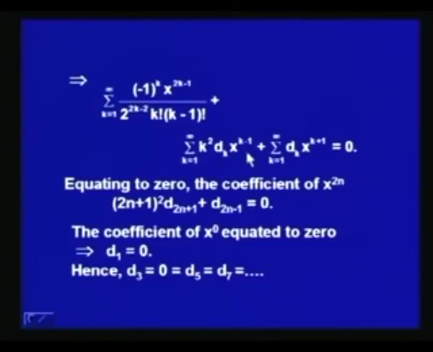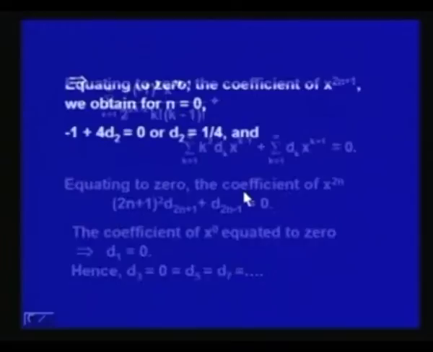And then here x to the power 2n plus 1, the coefficient of that will be, you put k equal to 2n plus 2, so (2n plus 2) whole square into d2n plus 2. And here, if you want the coefficient of x to the power 2n plus 1, you have to take k equal to 2n, so we will get the coefficient of x to the power 2n plus 1 as d2n.